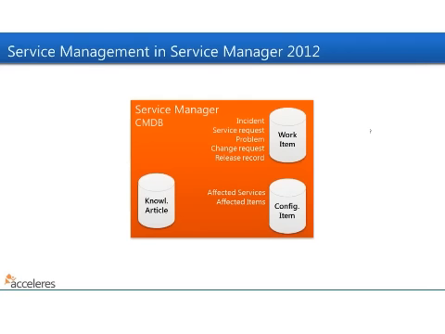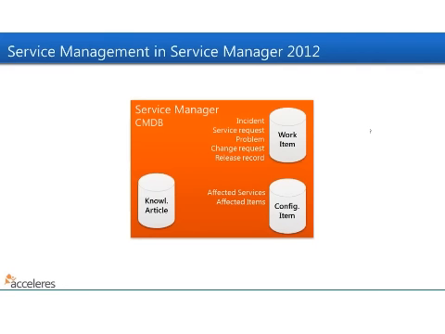Okay, so service management in Service Manager 2012. This is kind of a different look at the same graphic that we've seen throughout the presentation. We've got our CMDB. We've got more work items now.